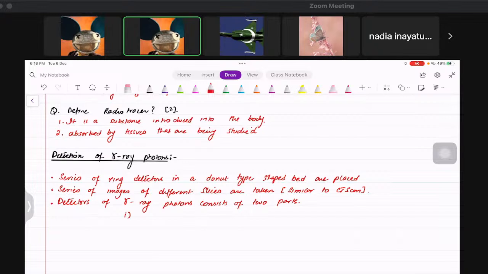Number one, a crystal that scintillates. Scintillate, it basically sparks a bit when the gamma photon interacts. And the next thing is a photomultiplier. Cool.